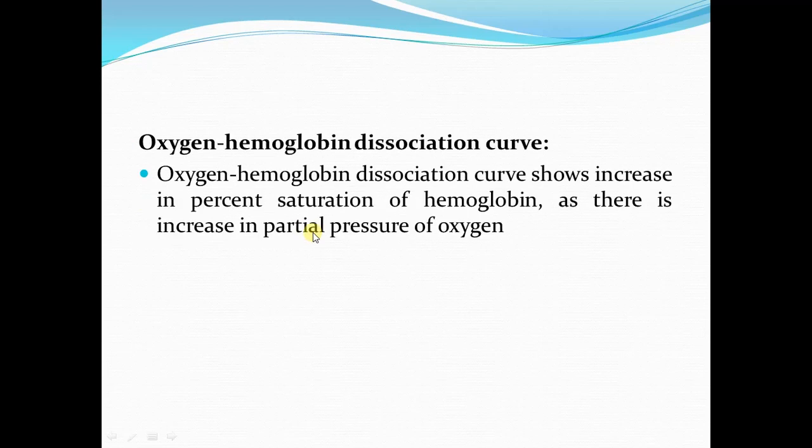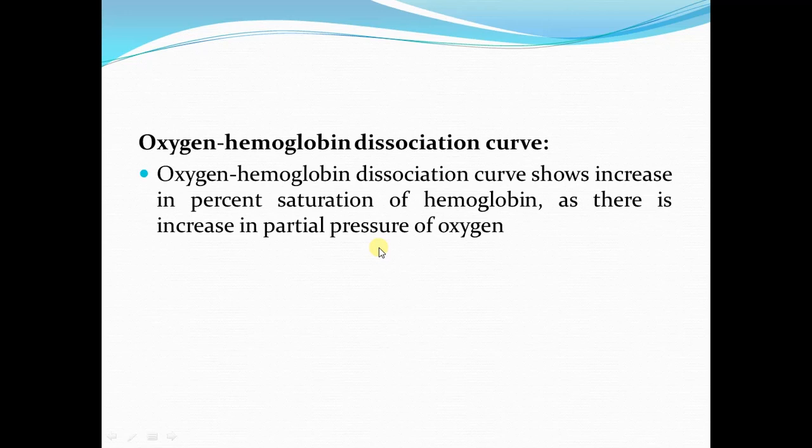Now we are going to start with the topic, the oxygen hemoglobin dissociation curve. This curve shows the increase in the percent saturation of hemoglobin as there is an increase in the partial pressure of oxygen.